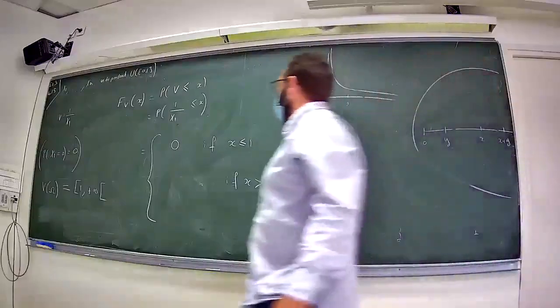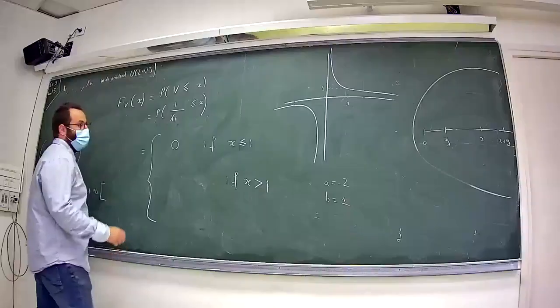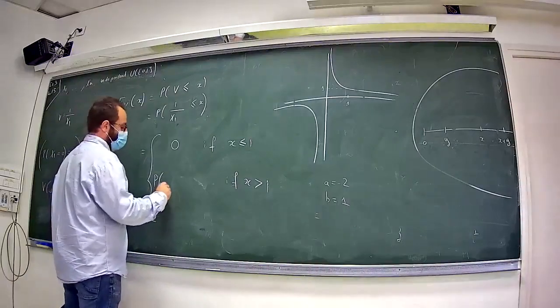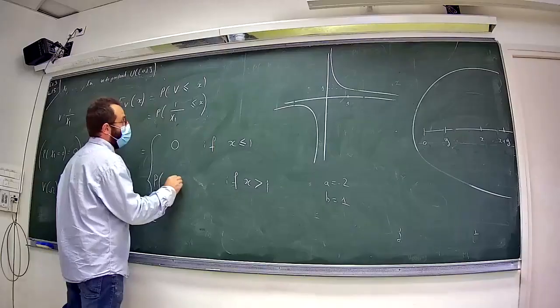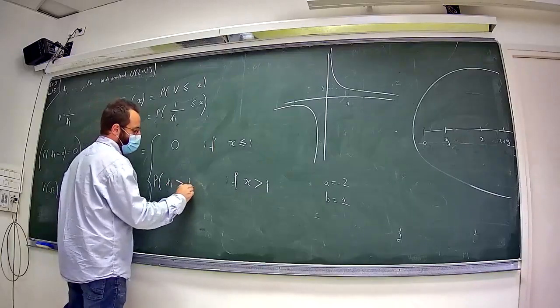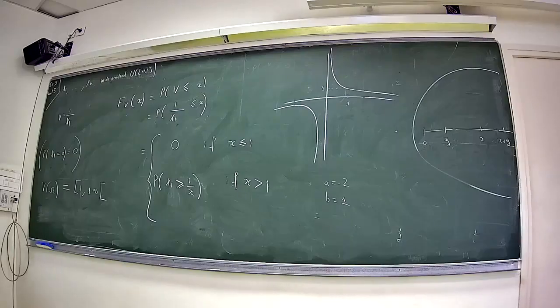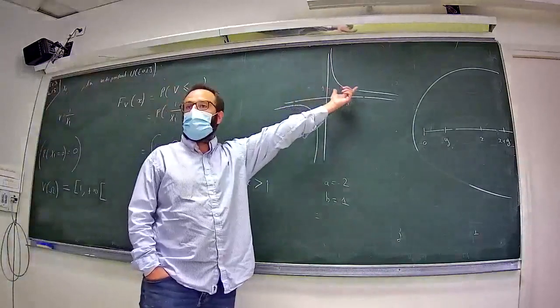So if x is strictly greater than 1, it's the probability that x1 is greater than 1 over x. Because I take the inverse here, and for the inverse I have a decreasing mapping.